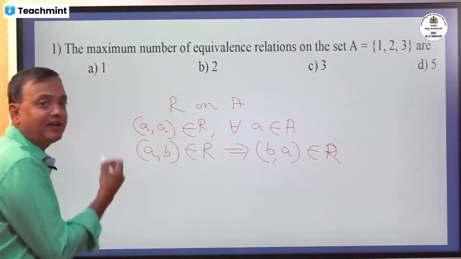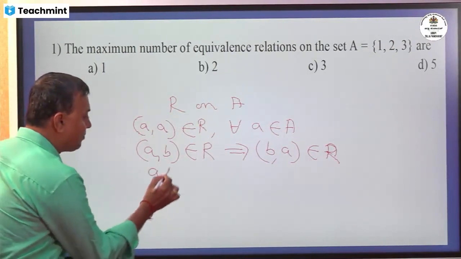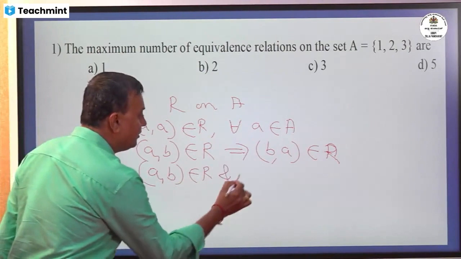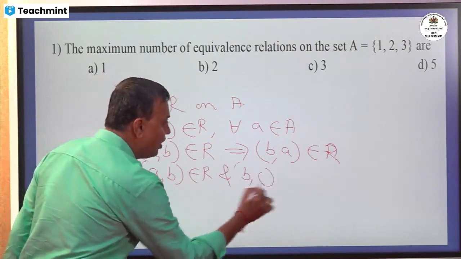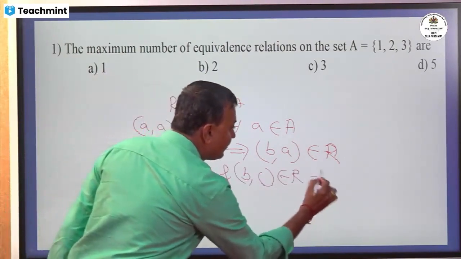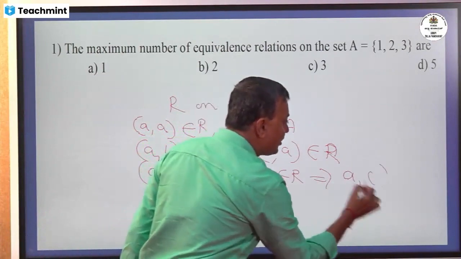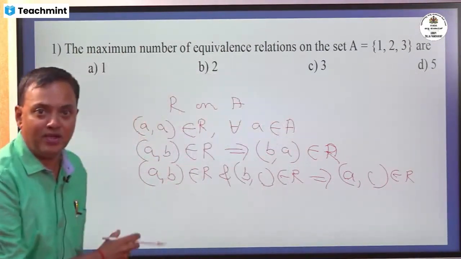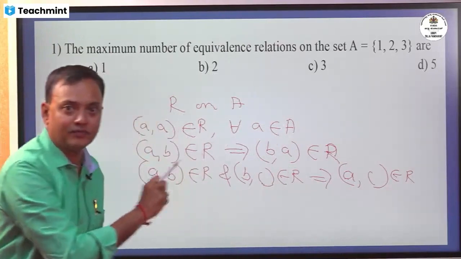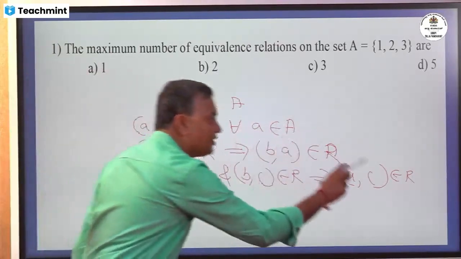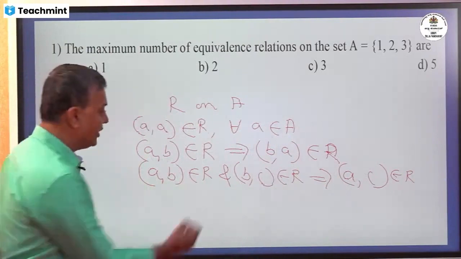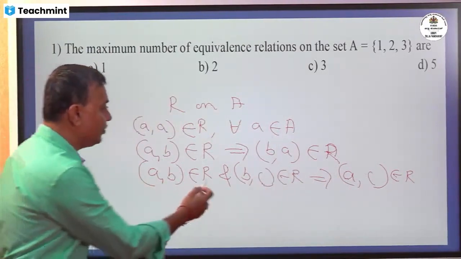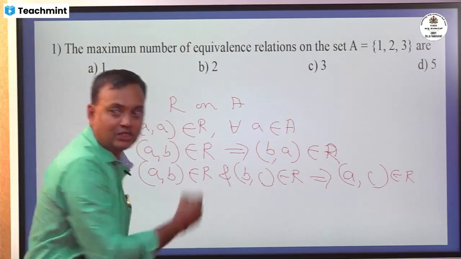What is meant by transitive? If ordered pair (a, b) belongs to R and (b, c) belongs to R, then (a, c) belongs to R. Correct? If ordered pairs (a, b) and (b, c) are there, then (a, c) must occur, for every a, b, c belongs to the set. Then only the relation is transitive.